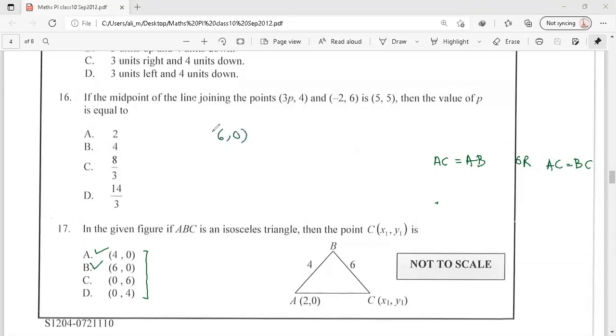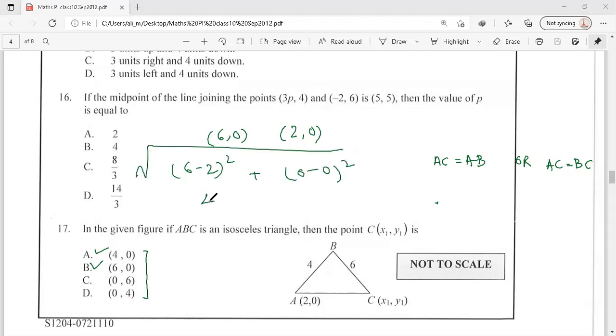If 6 0 is C, and the point A is 2 0. If we apply the formula of distance, 6 minus 2 whole square plus 0 minus 0 whole square. So 6 minus 2 is 4, square plus 0 square. 4 square is 16 plus 0 is 16.